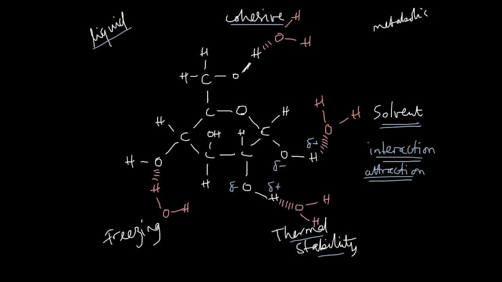Every single particle or molecule or ion will be surrounded by water molecules if they are able to form these hydrogen bonds. And that is only possible when a substance itself is polar. So glucose is polar, and therefore it can interact with water, it can form hydrogen bonds, and therefore the water molecules can surround it. In the same way, when a salt crystal is placed in water, all the water molecules surround each and every sodium ion and each and every chloride ion and separate them.